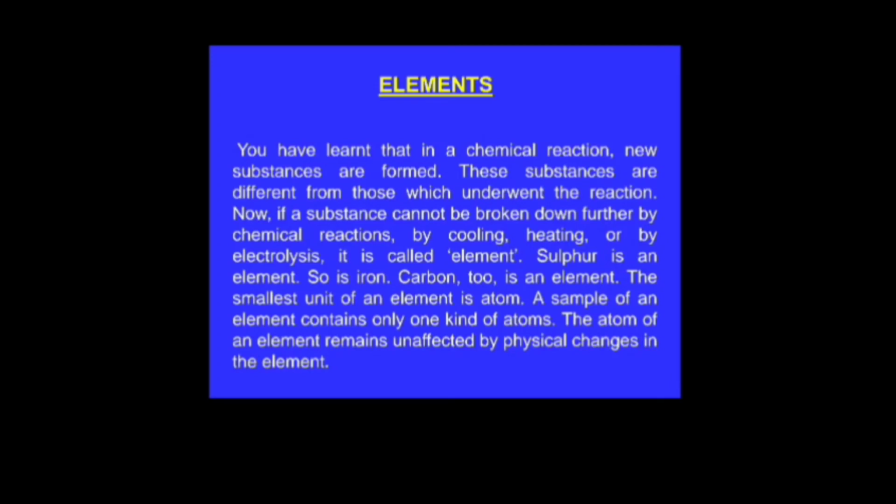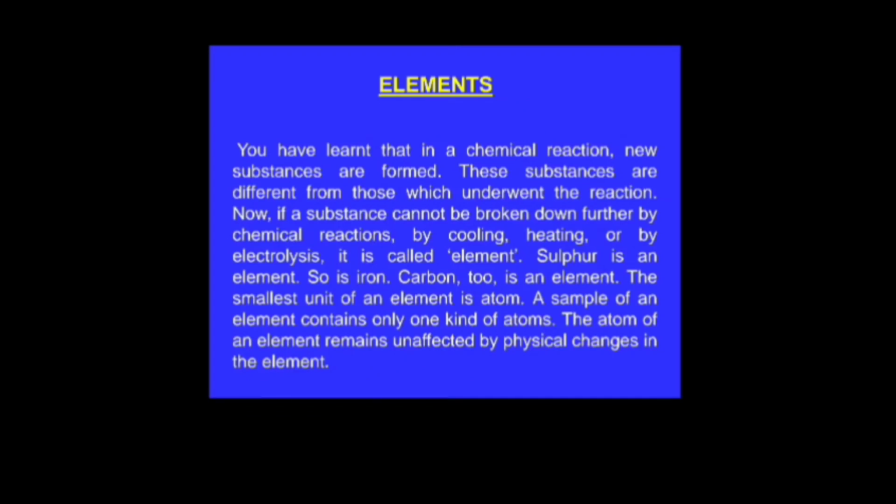Now, if a substance cannot be broken down further by chemical reactions, by cooling, heating, or by electrolysis, it is called an element. Sulfur is an element, so is iron. Carbon too is an element. The smallest unit of an element is an atom.